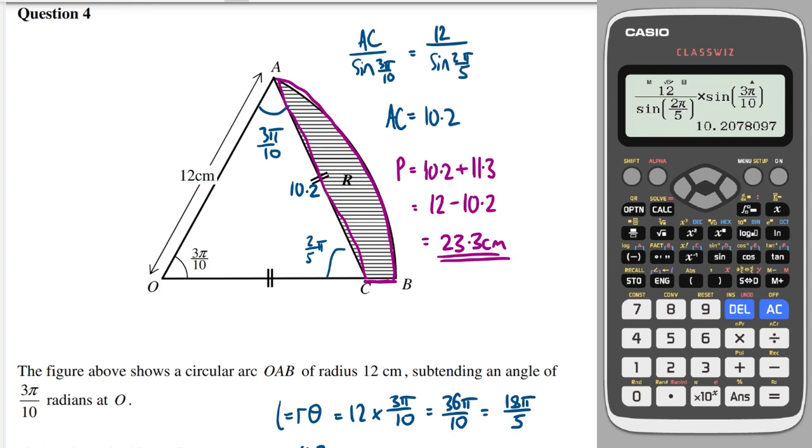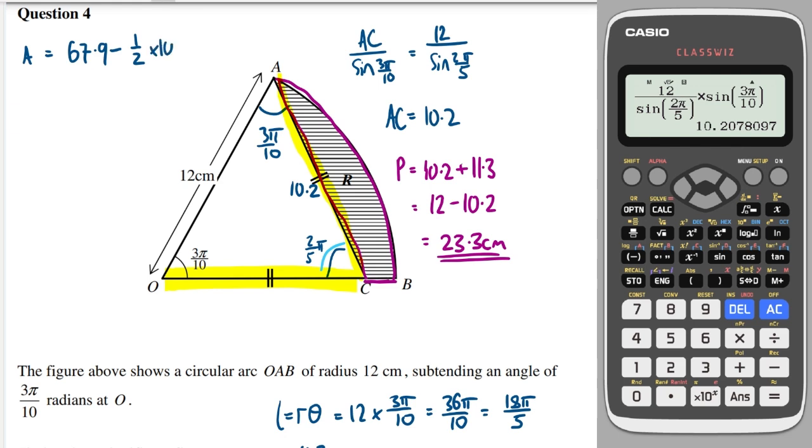Okay, and we're also asked to work out the area. And the area will equal the area of the sector, which again we've already worked out. The area of that sector was 67.9 minus the area of the triangle, which is unshaded. And the area of the triangle is a half, two sides which are adjacent and the angle in between will be what we're going to use.